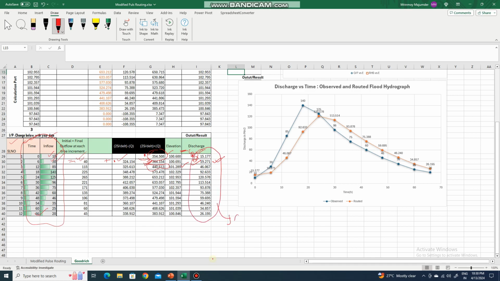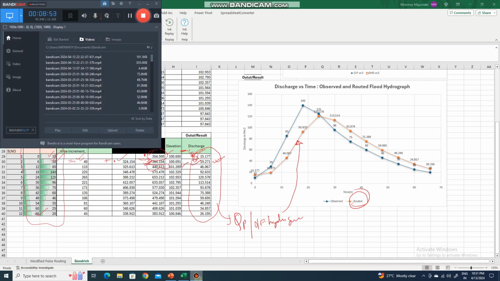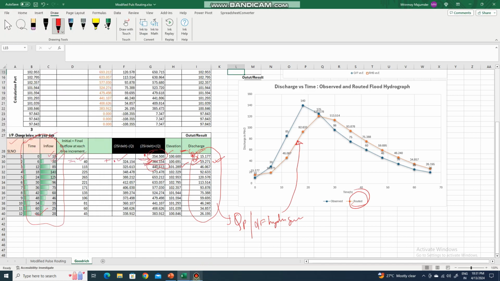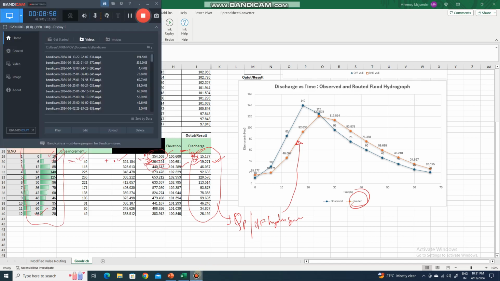This data is the predicted outflow hydrograph, which is nothing but this one. This is known as the routed hydrograph. Okay, so this is what it is. I will share this Excel sheet with you. So we close it for now.